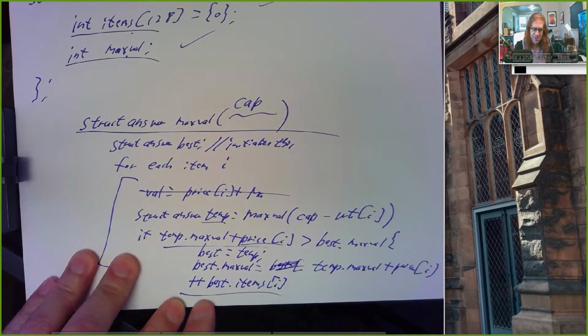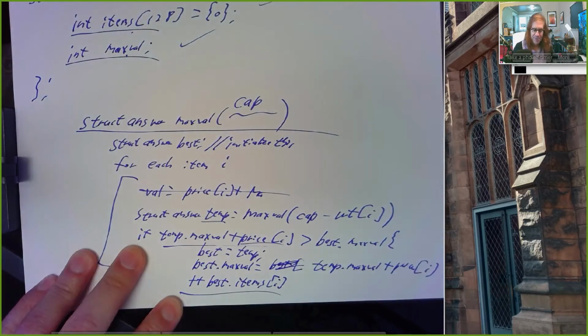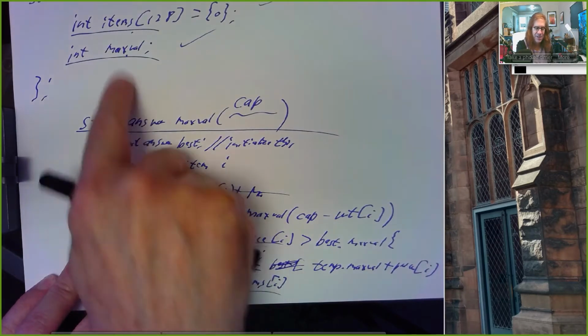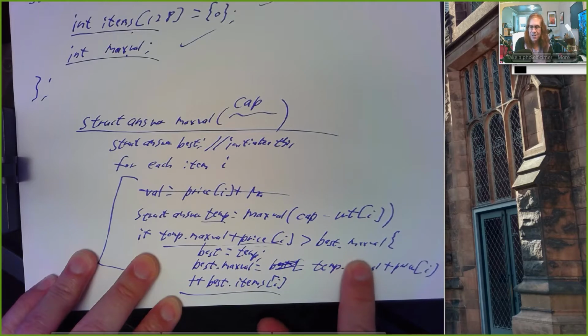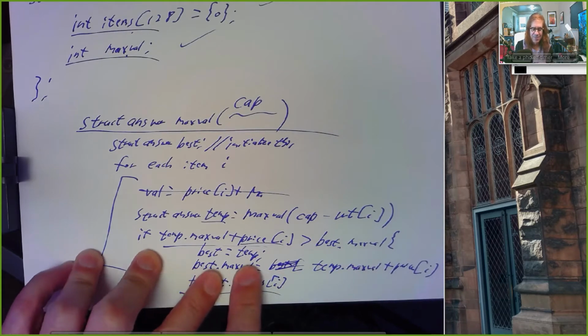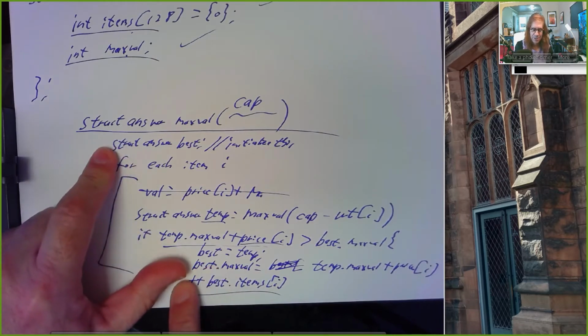Right, so this is the magic right here. So have maxval return a structure. Use the maxval piece of that structure, add your price of your item to it, see if that's better than the max value that you've seen so far, and if it is, copy the answer you got from maxval into your local best structure.